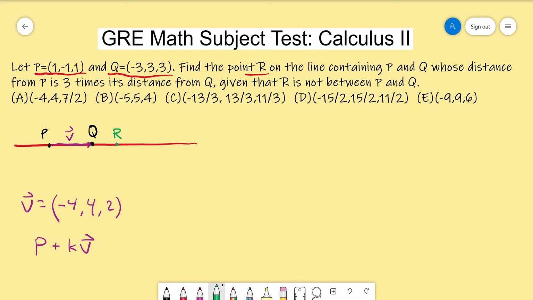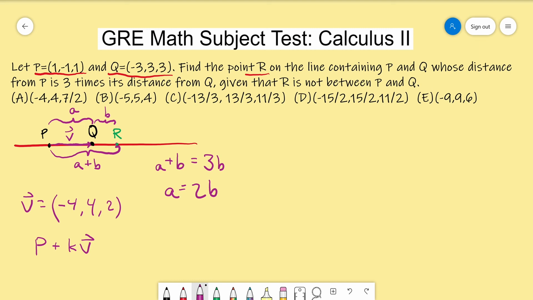And let's call the distance between P and Q A. And the distance between Q and R, let's call that B. And then the distance between P and R, well, that's just going to be A plus B. So we know that the distance between P and R, A plus B, has to be 3 times the distance between Q and R, which is just B. In other words, A is equal to 2B.